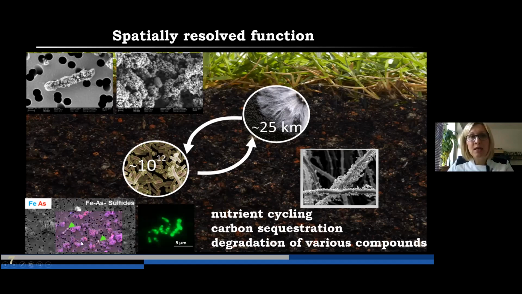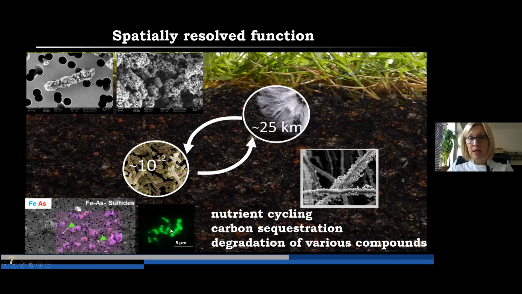And it's the same down here, where you see microbial cells surrounded by a lot of precipitates of iron arsenic sulfides. So you already have an idea about what these microbes might do there. The same with the microbes here, which are associated with the fungi hyphae. So you can guess, and you can go further to investigate, that these microbes probably have a trophic interaction together.